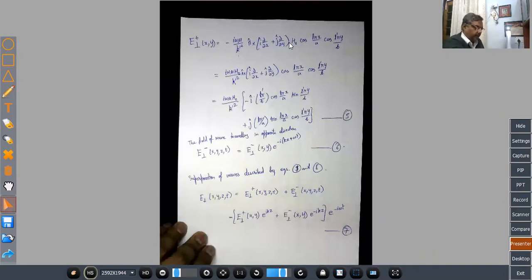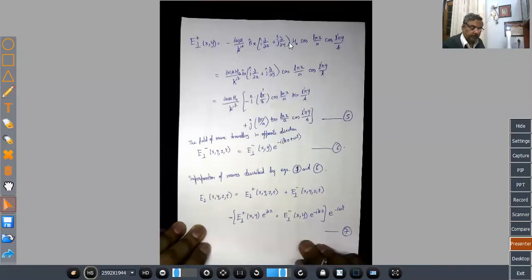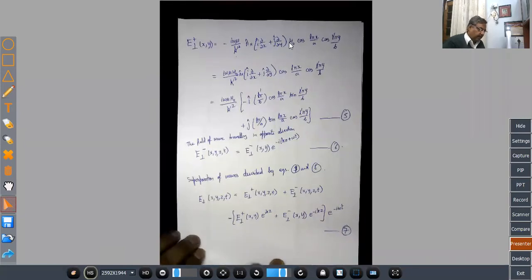So this will be the wave that will be formed after the superposition. This tangential component will vanish at the two boundaries.